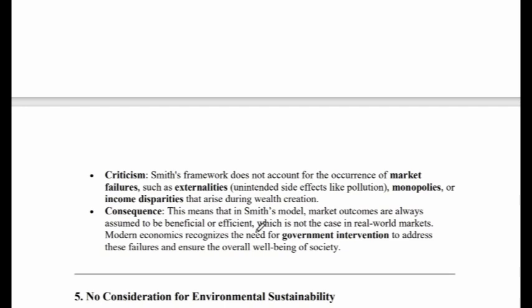This means that in Smith's model, market outcomes are always assumed to be beneficial or efficient, which is not the case in real world markets. Modern economics recognizes the need for government intervention to address these failures and ensure the overall well being of society.